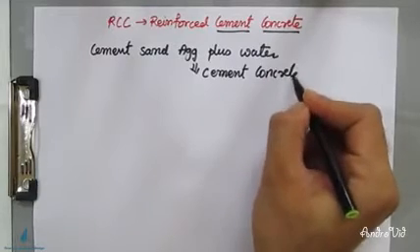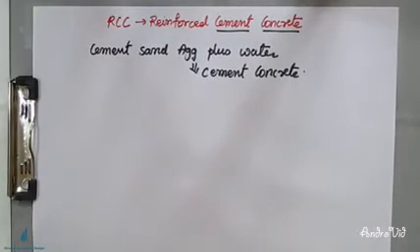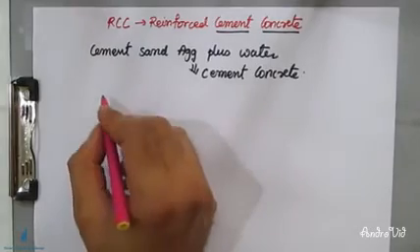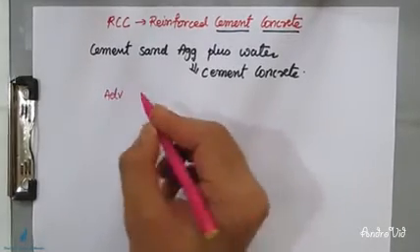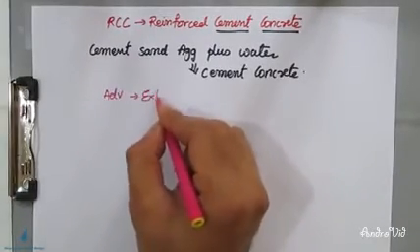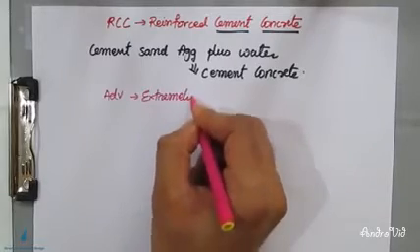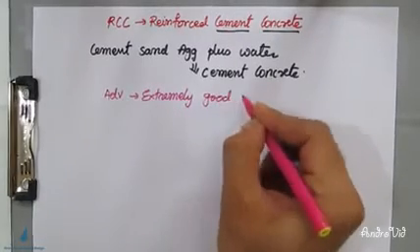right? And in your previous semesters you might have learnt in the MT lab or material testing lab the advantages of concrete as well as the disadvantages of concrete. So the biggest advantage is that it is extremely good in compression, right?